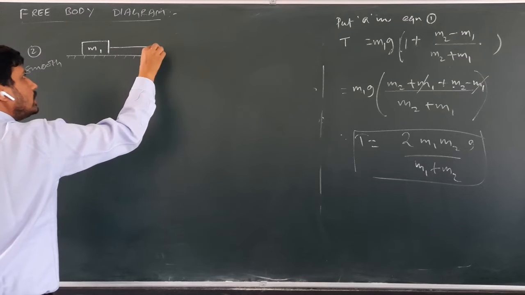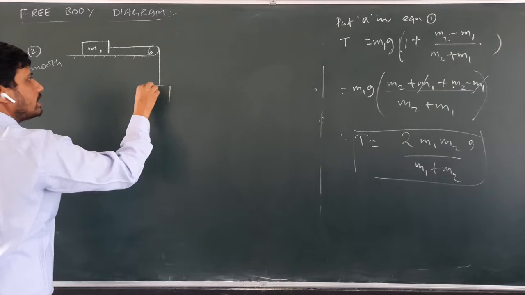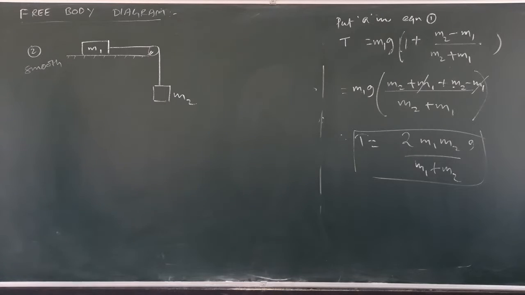String runs over this pulley. One end of the string is tied to this block mass m1 and the other end is tied to a block whose mass is m2. The system is held at rest. Now you have to answer that if the system is released from rest, then what would be their accelerations?